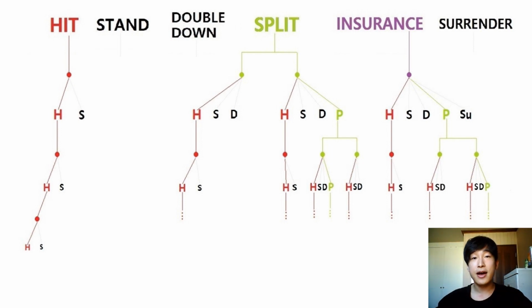My solution was to choose the best option instead of random for these extra choices. It sounds a bit tricky because, as I said, to get the proper result you need to choose the best option, and in reverse, to choose the best option we need to get the proper result. It sounds a bit weird, but thinking simply, in insurance, if we figure out the hit and the split, this will figure out the insurance.